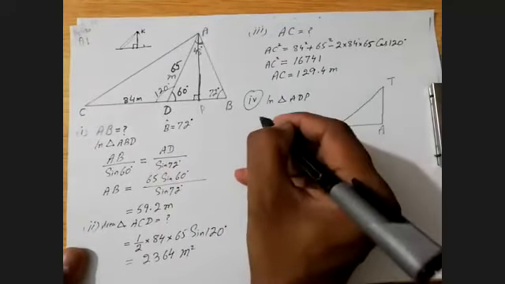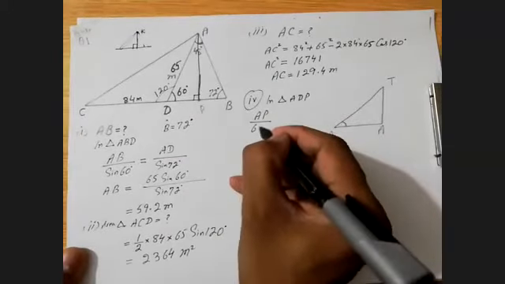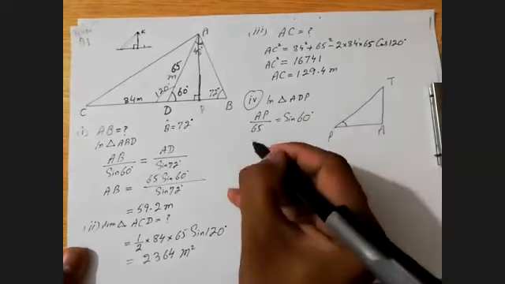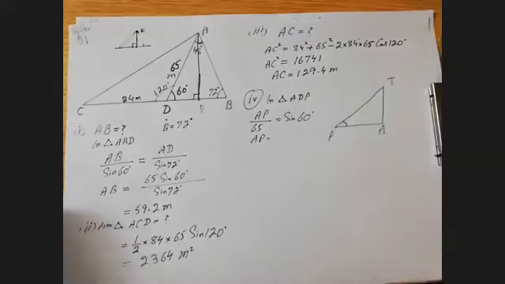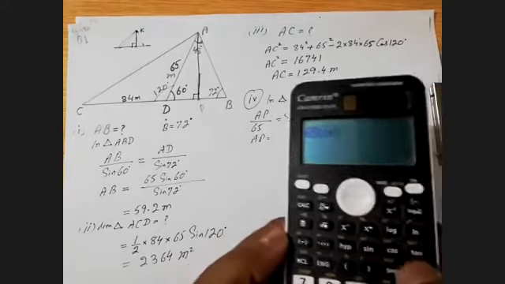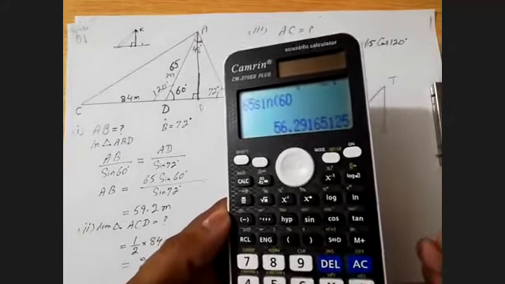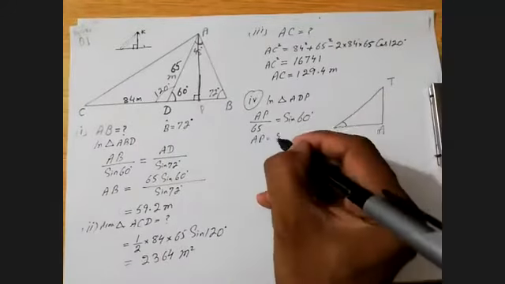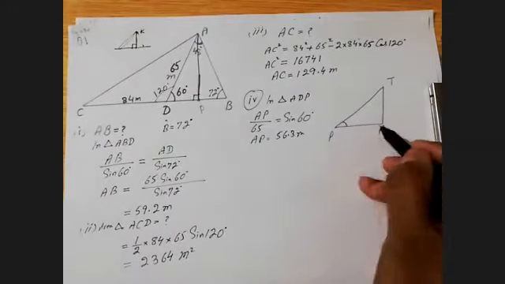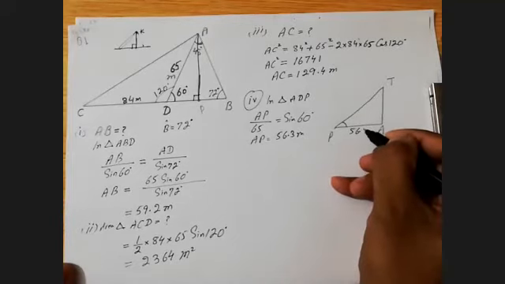So AP over the hypotenuse 65 is equal to sine of 60 degrees. From here, I can get 65 into sine of 60 degrees. I got 56.33 meters. So this is AP, which I calculated as 56.3 meters.